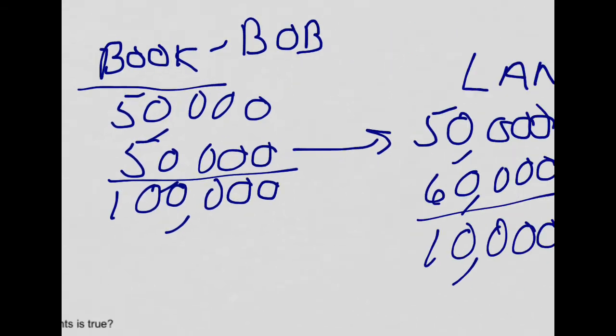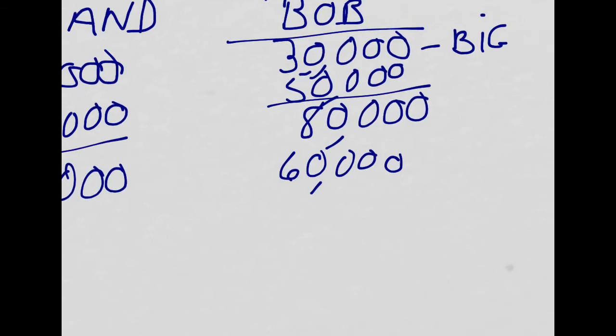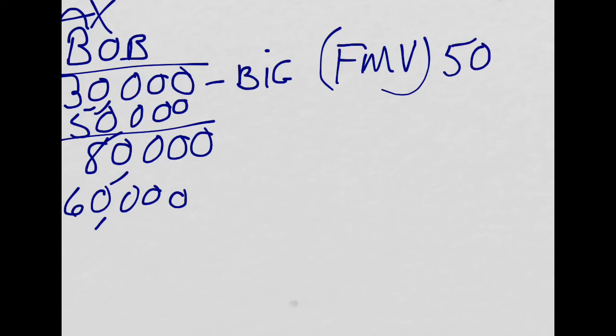And that means that the gain to Bob on the land, remember this is the built-in, this had the built-in gain of how much? Well, its fair market value at the time the partnership was formed was 50, so the built-in gain at the date the partnership was signed was 20K.